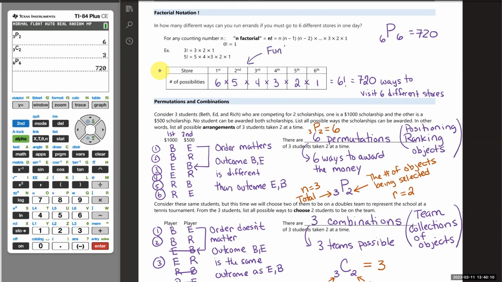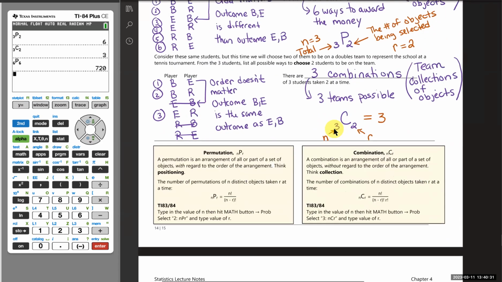So this was the first technique we saw as we started counting rules. This one is called the fundamental counting principle. And that's where we multiplied each decision we made by the number of choices we had for each of those decisions. All right, and so what we'll do next is look at some examples.